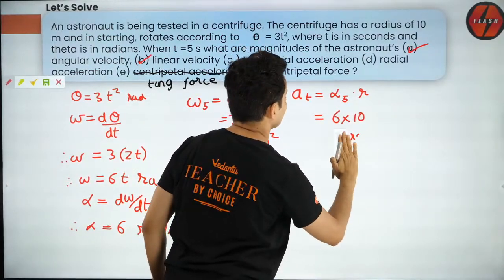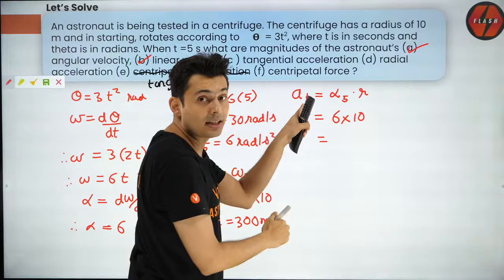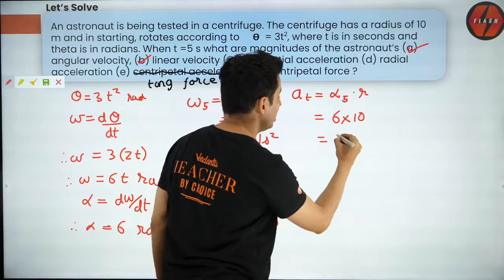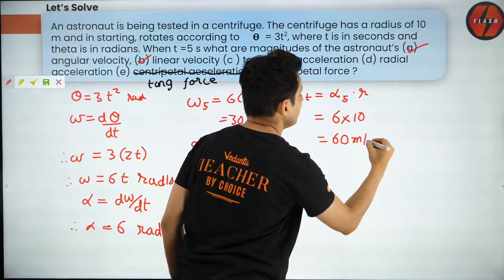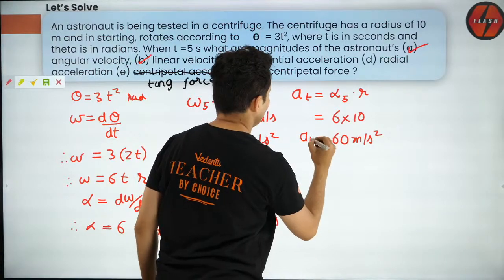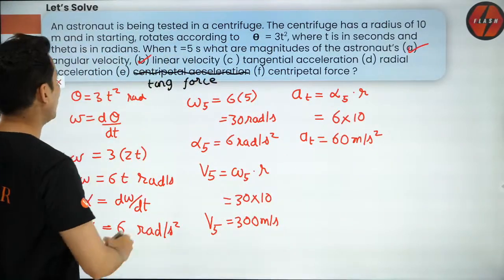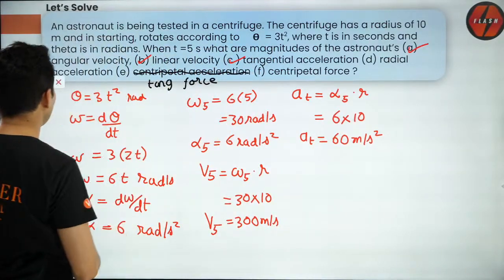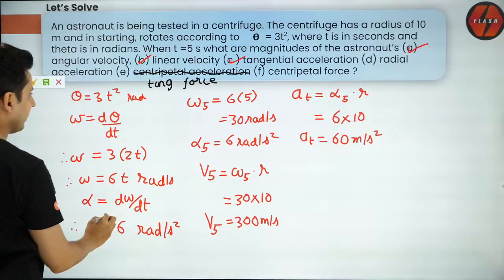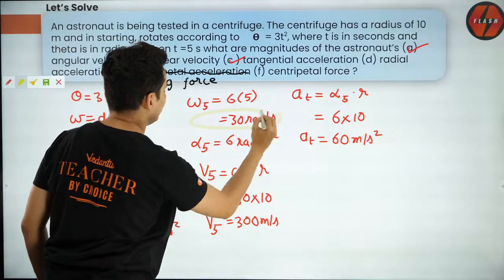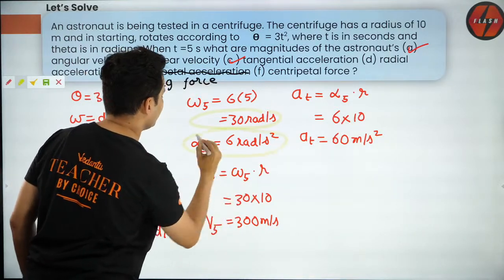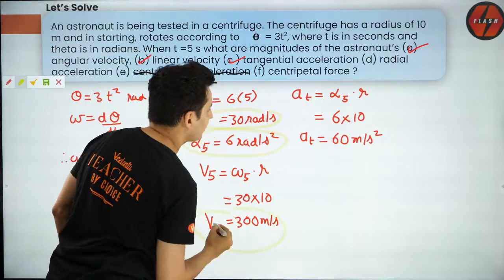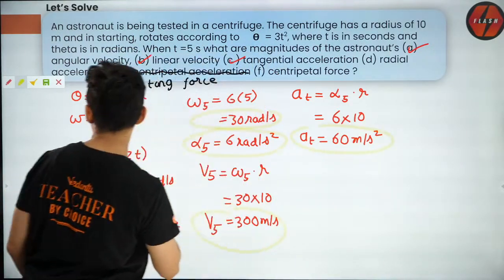No, this is not radians per second. This is acceleration. This is normal linear acceleration. So this will be just 60 meters per second square. So that is tangential acceleration. Okay, great. We have done this also. So I'll just mark whatever we have found out. This was one thing, this was another thing, this was next, and this is also found.